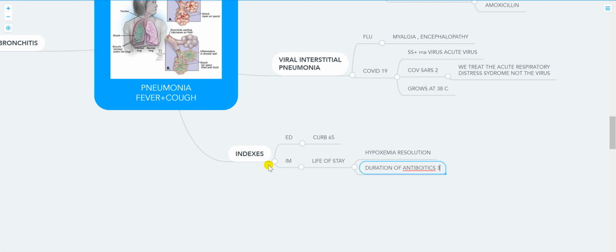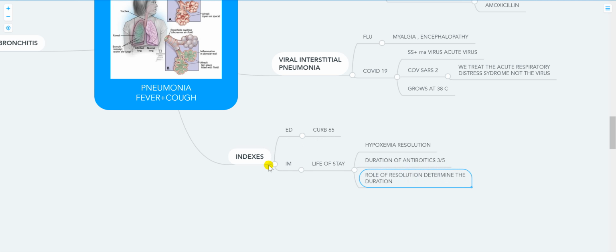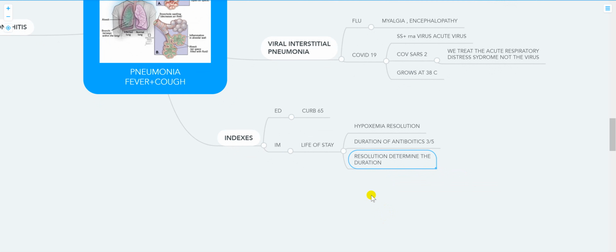Is it 3 or 5 days? The resolution determines the duration. So the faster it resolves, the faster they recover.